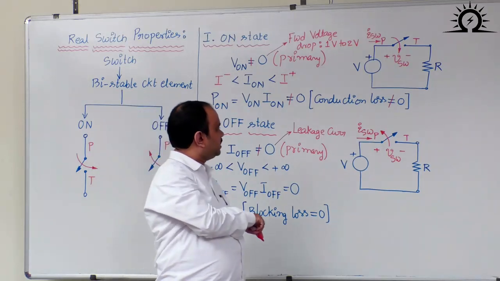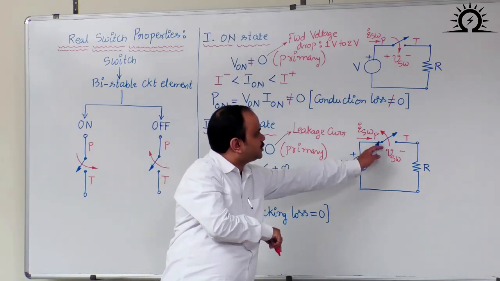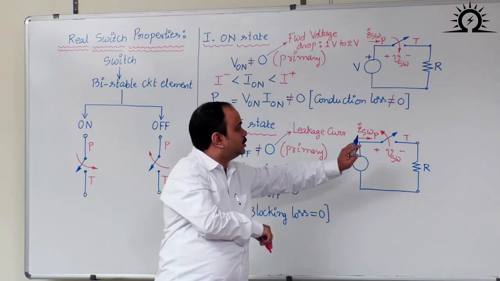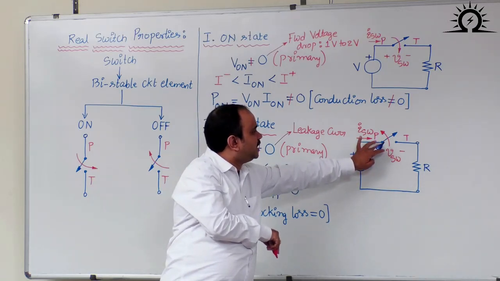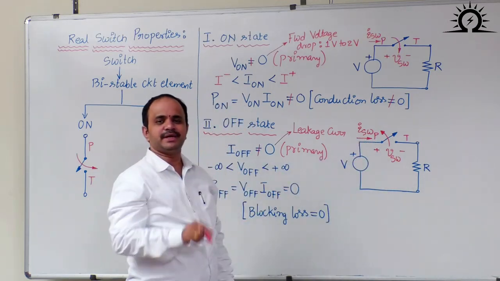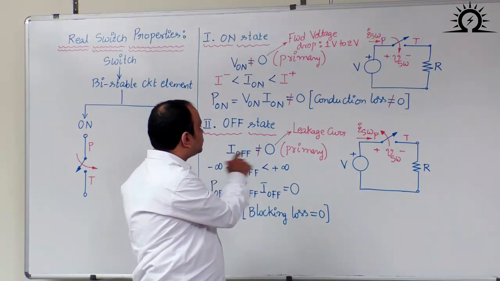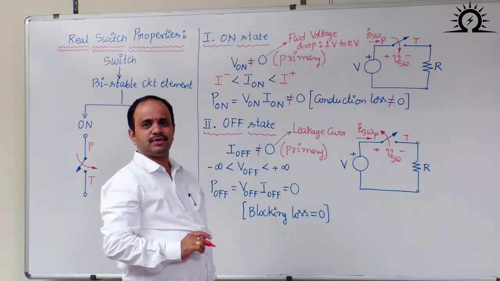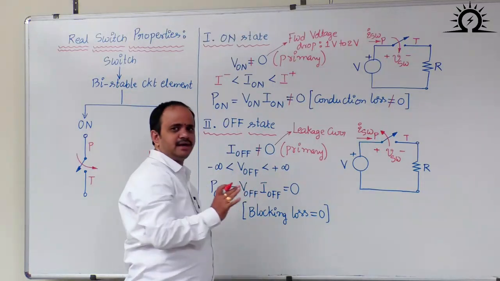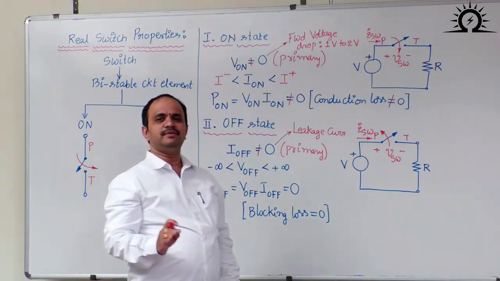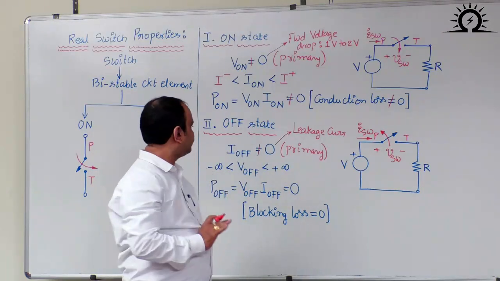Now you may have a question here. When a switch is in the off state, there is no path, then how will it flow? If you consider, in place of a switch, a power semiconductor device under reverse bias condition, there is a chance of some leakage current. Generally that current in power electronic circuits will be neglected, right?